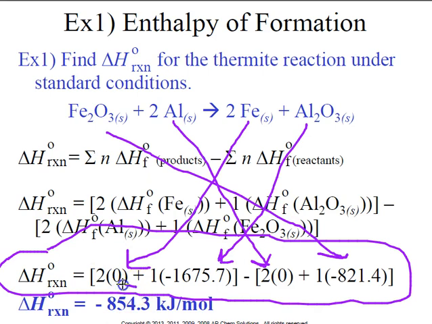Once they did the math, they came out with this negative 854.3 kilojoules per mole. So that means that much energy is released, exothermic because of the negative sign, each time 1 mole of that iron oxide reacts with 2 moles of aluminum. That is our enthalpy value for the entire reaction.